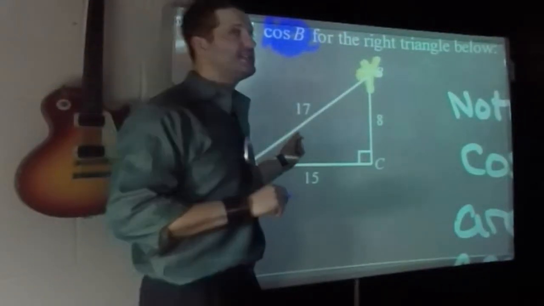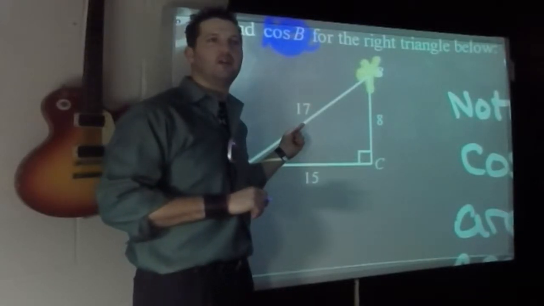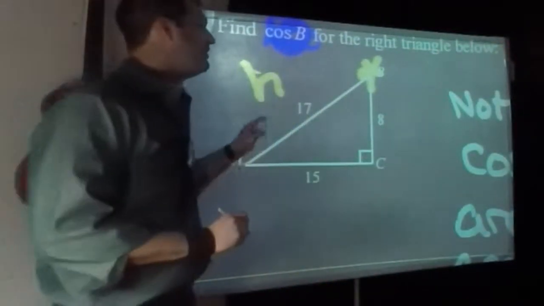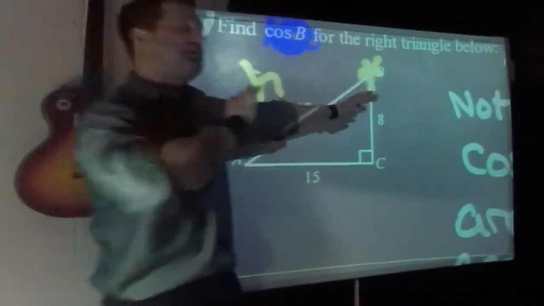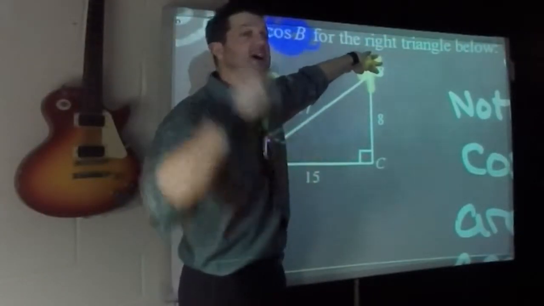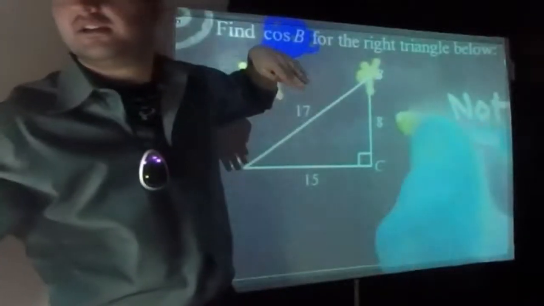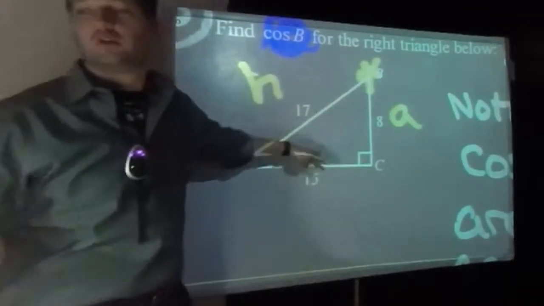Here's the one thing that doesn't change: Big Daddy C. 17 is going to be what letter? Hypotenuse. No matter where you are in a right triangle, you do not change the hypotenuse. But your A and your O change. What's adjacent up here? 8 is. There's your A. And opposite means the farthest away side from here, 15.